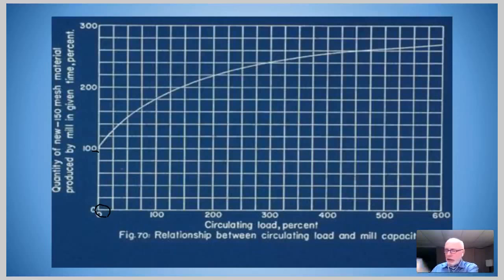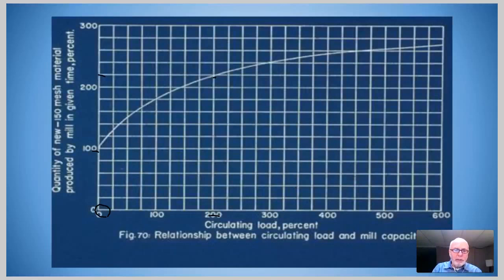Then by closed circuiting the mill, at a circulating load of, say, 200%, the capacity of the circuit increased all the way up to 220 tons an hour. So by closed circuiting and operating with a circulating load of 200%, that is, the mass flow through the mill was 2 times the tonnage of the circuit, the productivity of the circuit more than doubled.